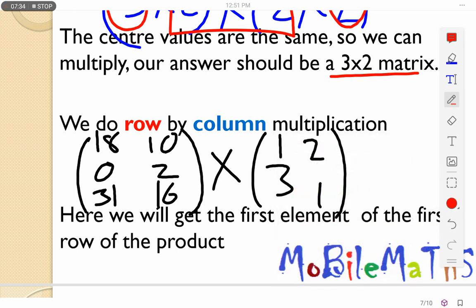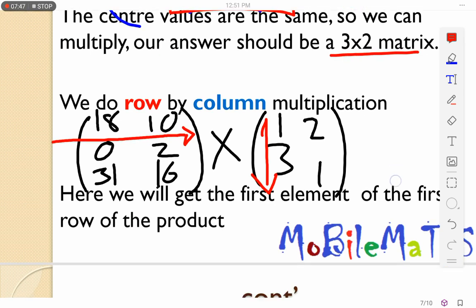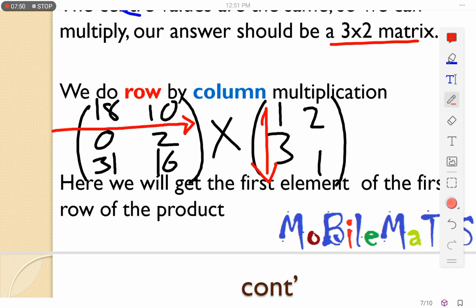We are going to multiply this row by this column. That's how we're going to do it. So if I take this as an example, I'll have 18 by 1 plus 10 by 3.